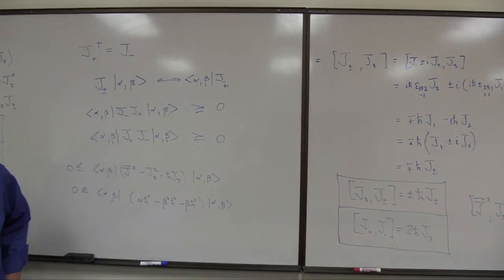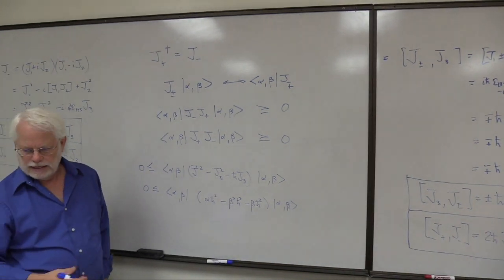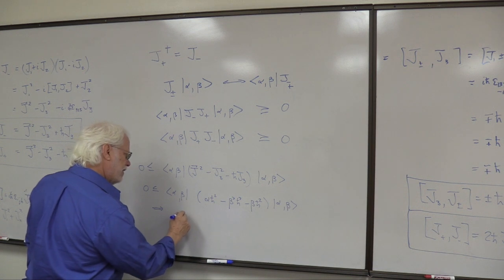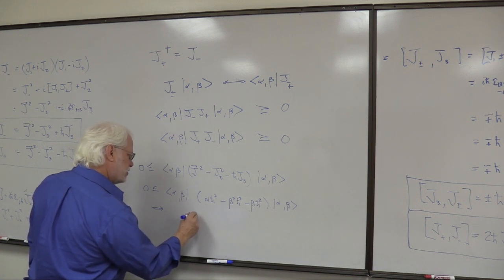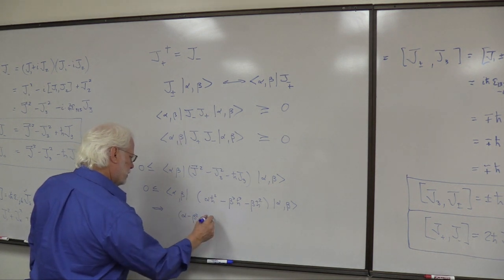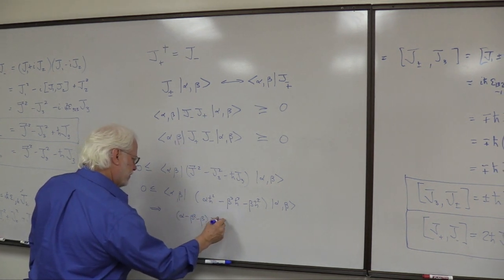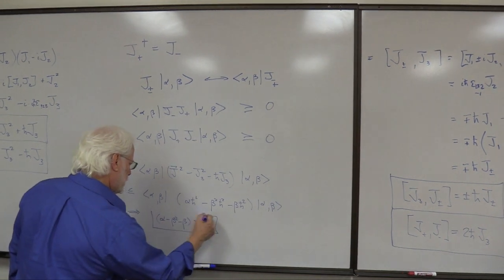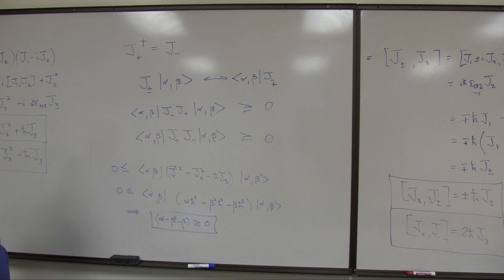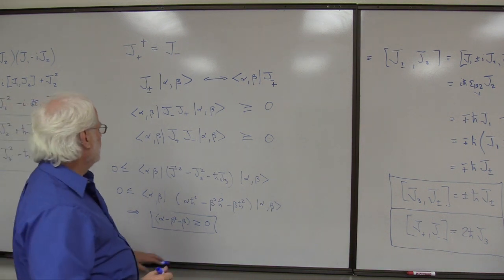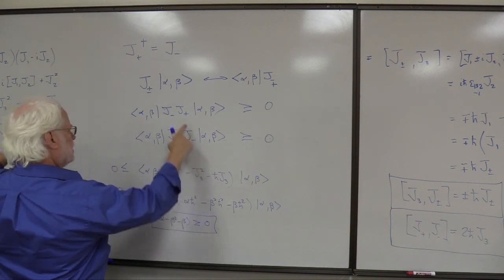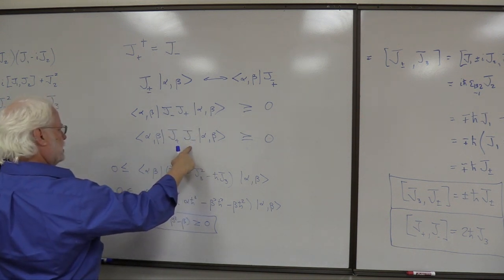The inner product of alpha, beta is some positive number, definitely non-negative, so this means alpha minus beta squared minus beta has to be non-negative, canceling the H bar and the norm of the alpha beta state. Now we do the same thing for J minus J plus.